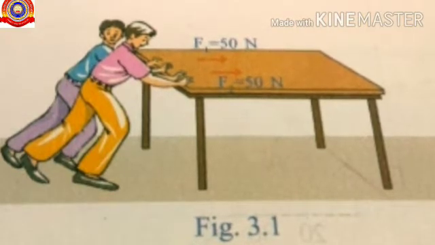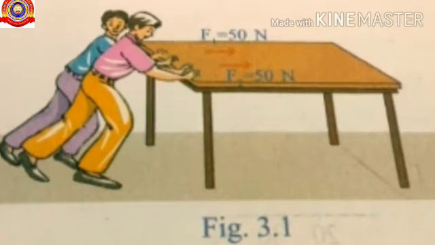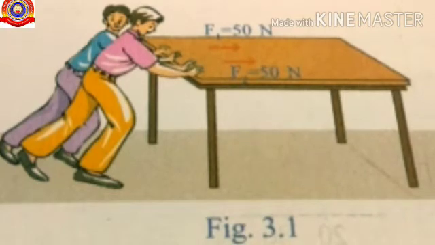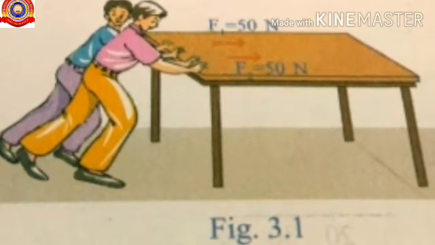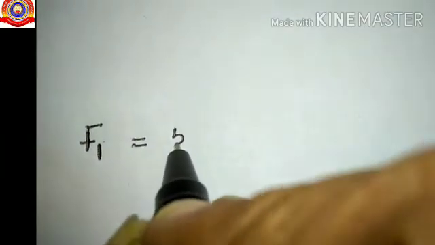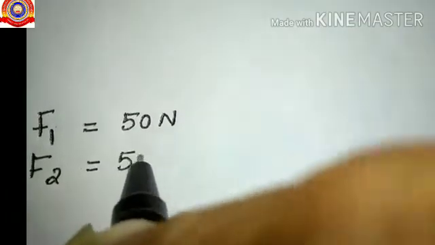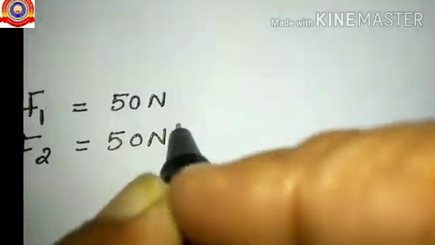So let's see some figures in your textbook. In this figure you can see two boys pushing a table in the same direction from the same side. The force given by the first boy, F1, equals 50 Newton, and F2, the force given by the second boy, is also 50 Newton.